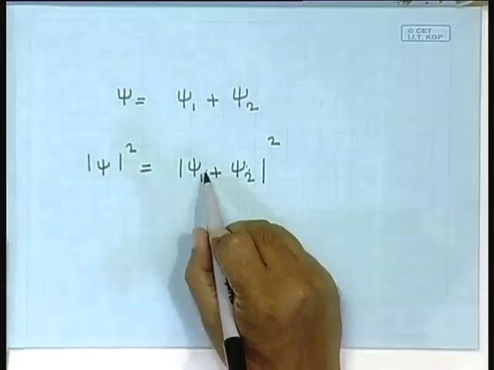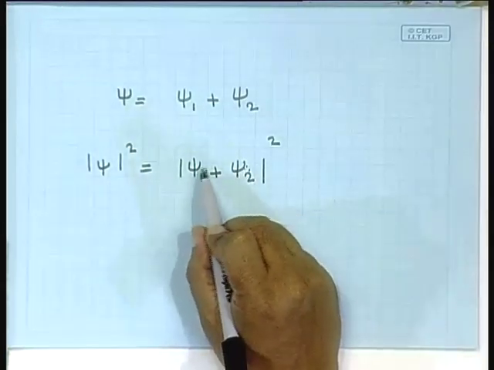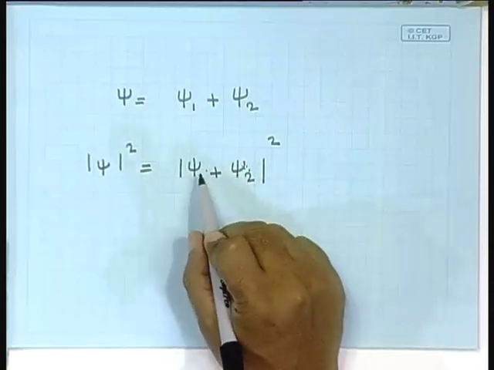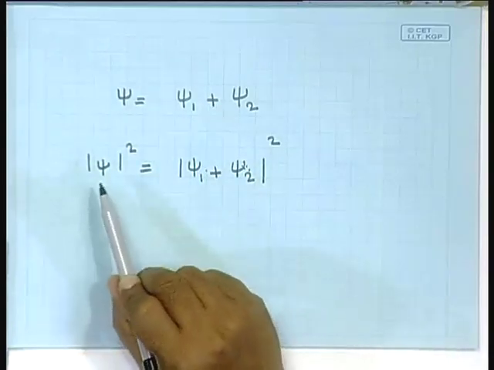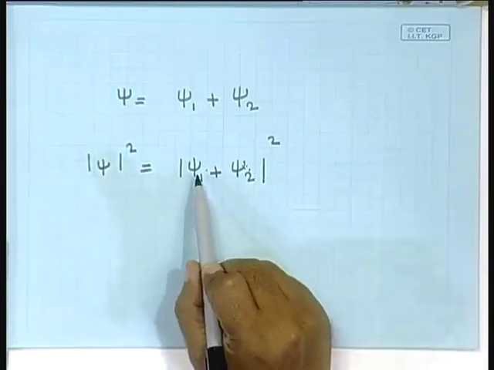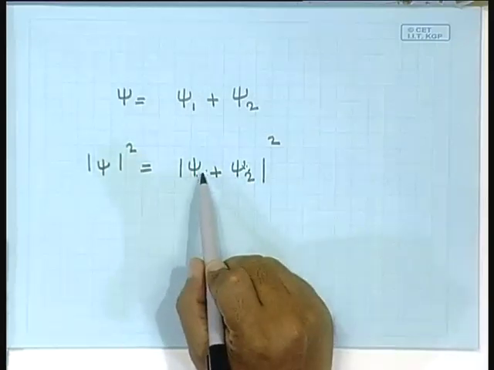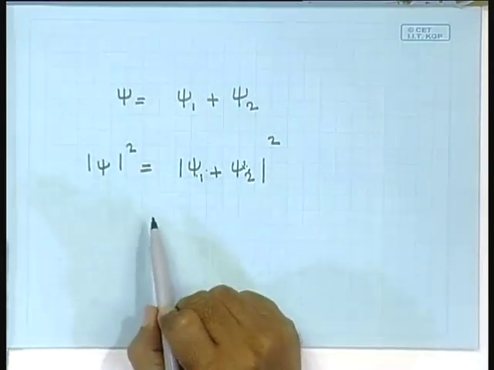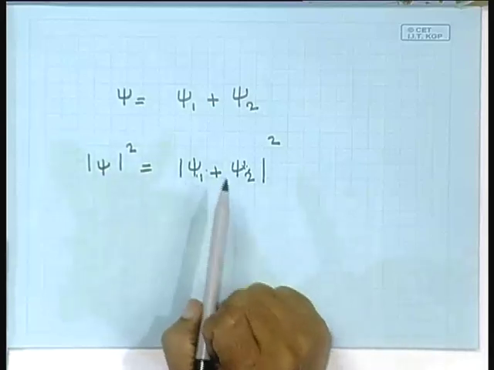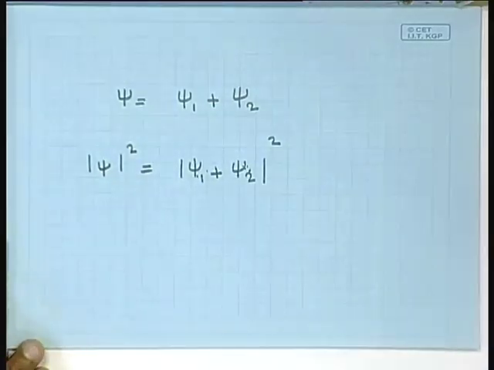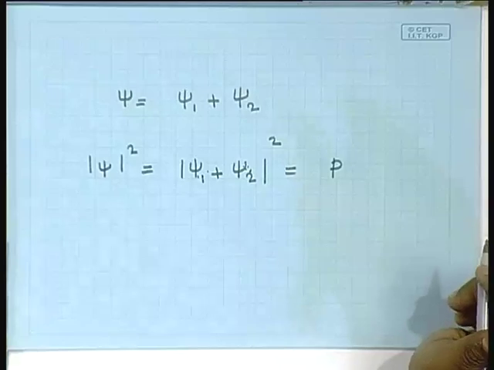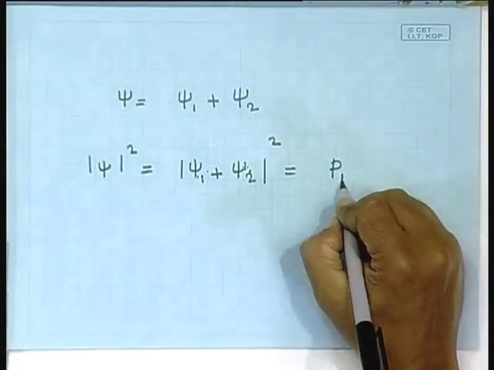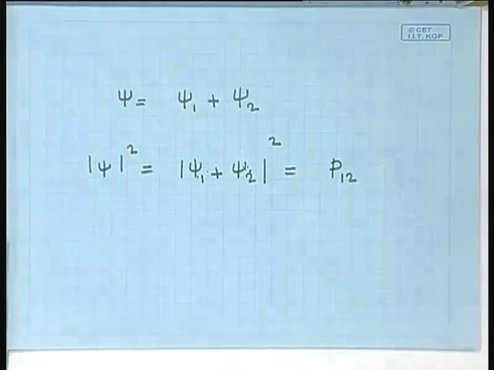As a consequence, if these two contributions from the two different slits are exactly out of phase, they are going to cancel out, and the resultant is going to be less than the individual psi 1 or psi 2, and you will have a dip in the probability. So, this is going to give me the probability of finding the particle at any point on the screen when both the slits are open.